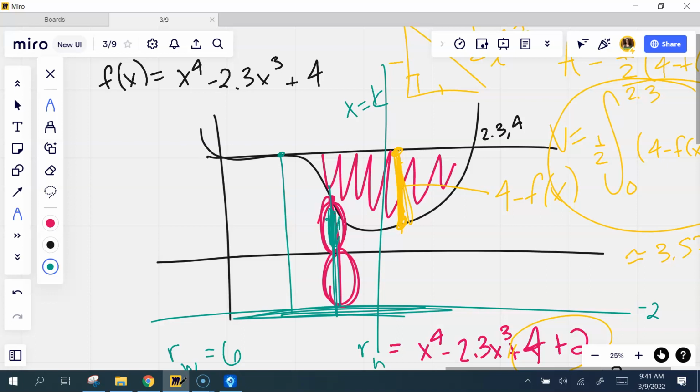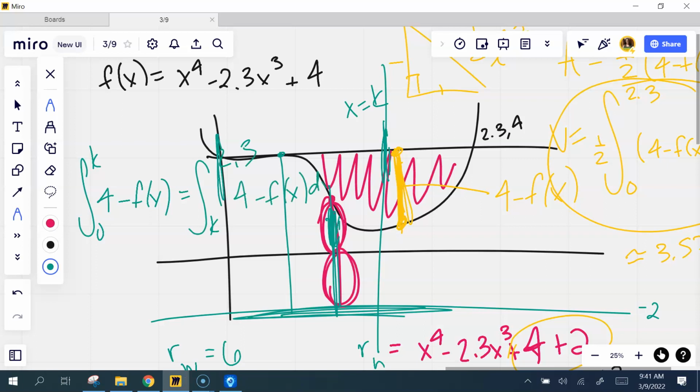Give me an expression that would give me the area from here to here. From 0 to k of what? There's two curves there. How do you find the area between two curves? 4 minus f of x. Then from k to 2.3, 4 minus f of x. 2 points.